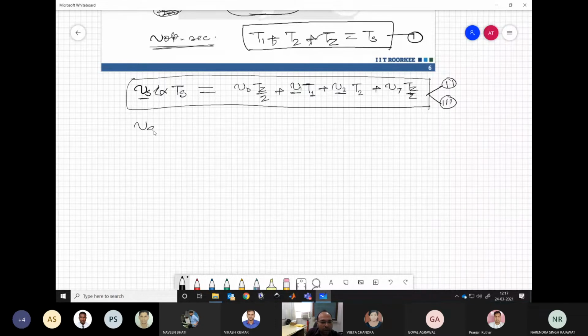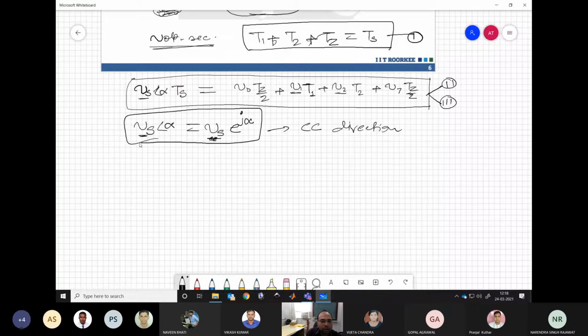Now here Vs, any vector, when we have a representation like this, you can write it as the amplitude times e raised to the power j alpha. Angle is always in the counterclockwise direction. This is how we represent the vector Vs and any vector. So V1, V2, everything can be written like that. Writing that, Vs is the amplitude, and then we have e raised to the power j alpha, times Ts.